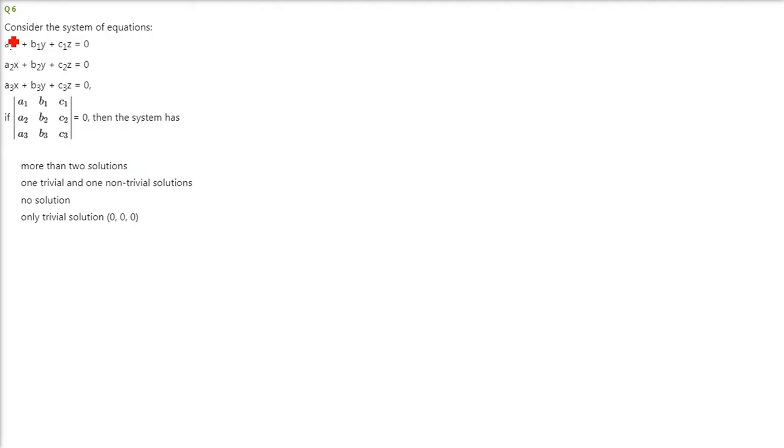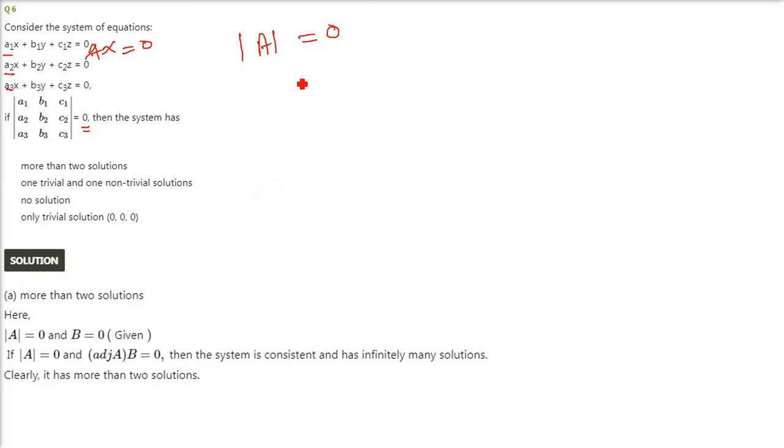Now consider the system of equations. Now the system of equations is given, but the right hand side is 0, 0, 0. So if we have this equals 0, the determinant of the coefficients of x, y, z is equal to 0. We know AX equals B, but here B is 0. So what will we do? See, determinant of A is 0.